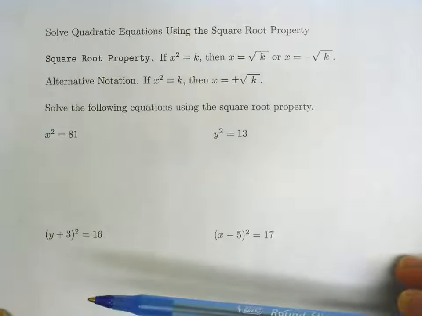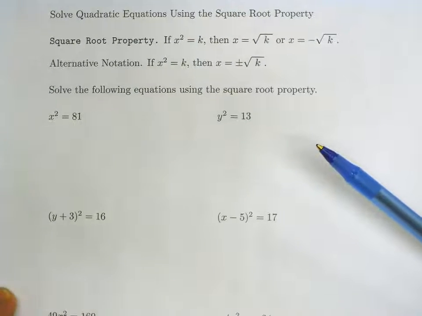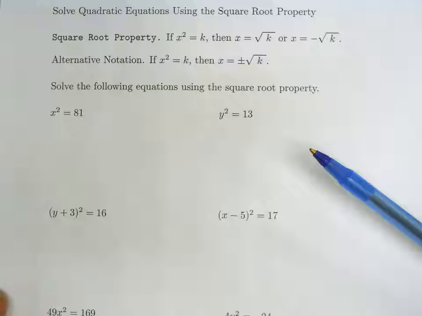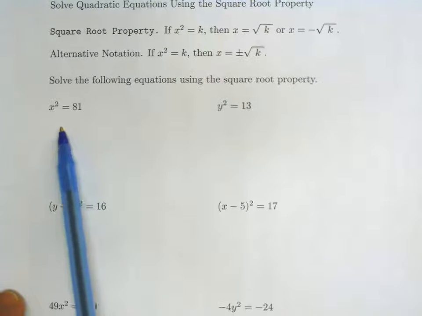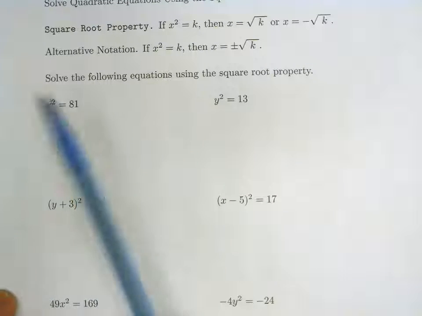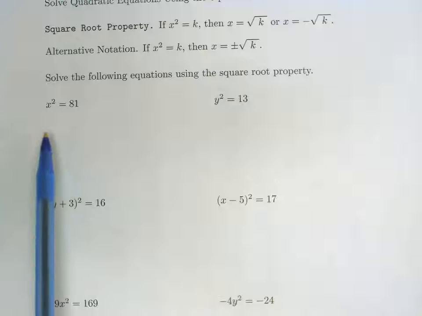Okay, so we'll practice the square root property on some fairly simple examples, and then we'll progress to more difficult examples. In this first one, x to the second equals 81. Without writing anything down, we can think of two solutions for x.